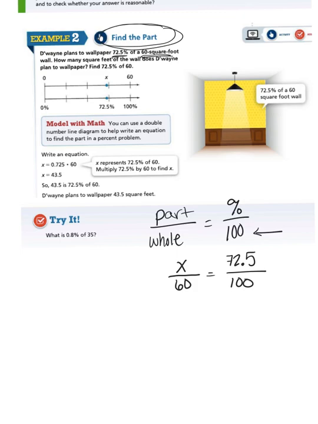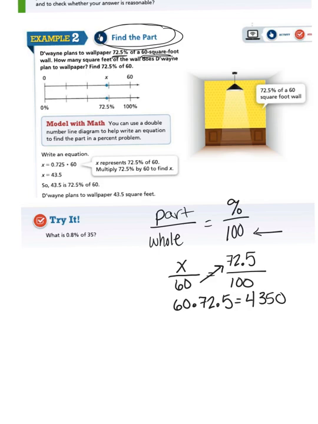So in order to find the part, we are going to cross multiply 60 times 72.5, and when you do that on your calculator, you get 4,350.